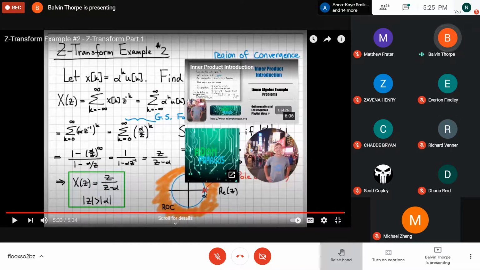The region of convergence really speaks to the fact that if the value of this complex number is, well, I should probably back up. So you remember how you get to poles and zeros, right?